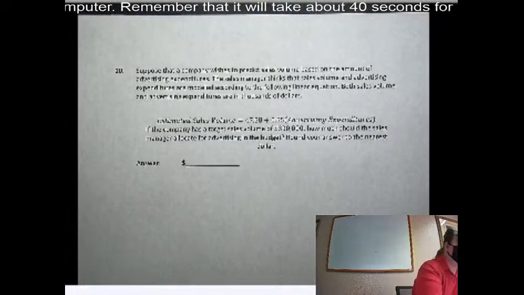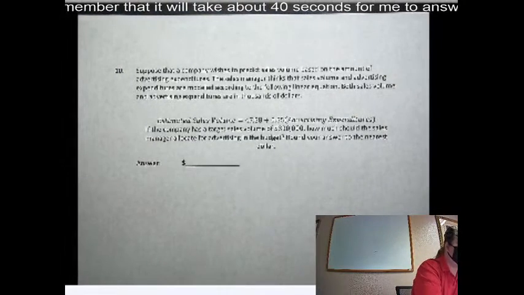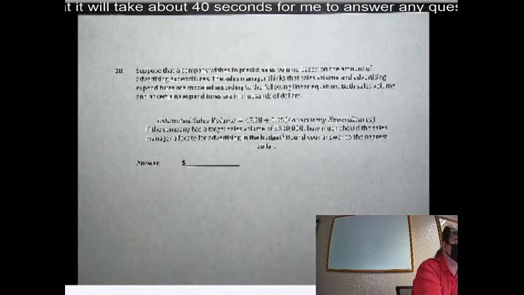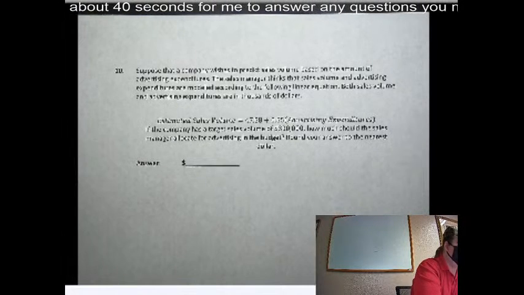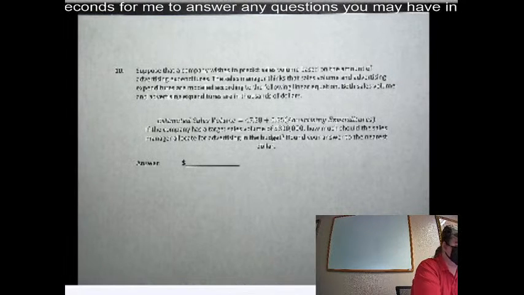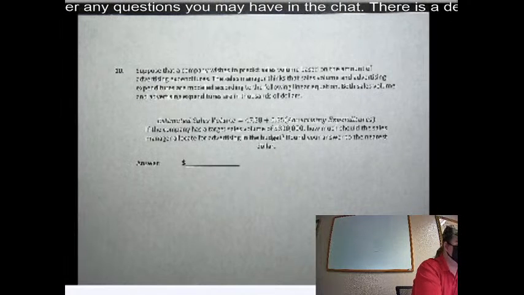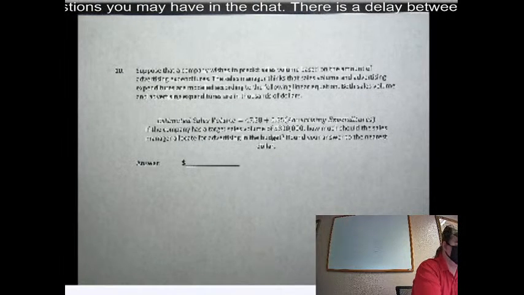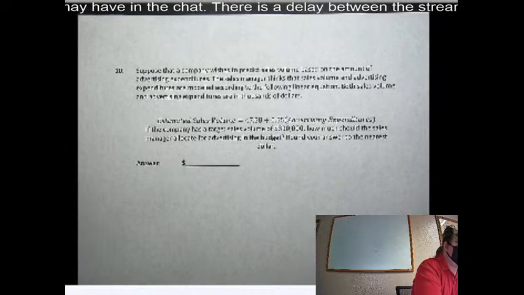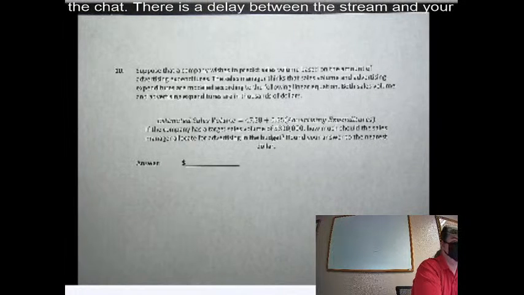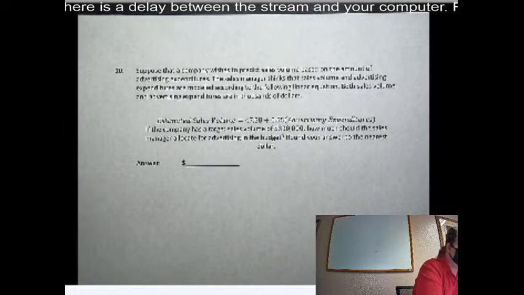Suppose that a company wishes to predict sales volume based on the amount of advertising expenditures. The sales manager thinks that the sales volume and the advertising expenditures are modeled according to the following linear equation. Both are in thousands of dollars.